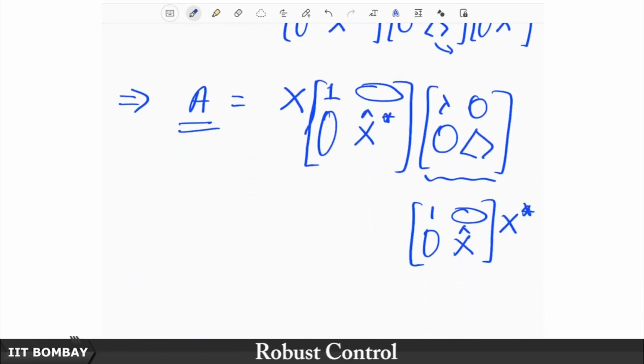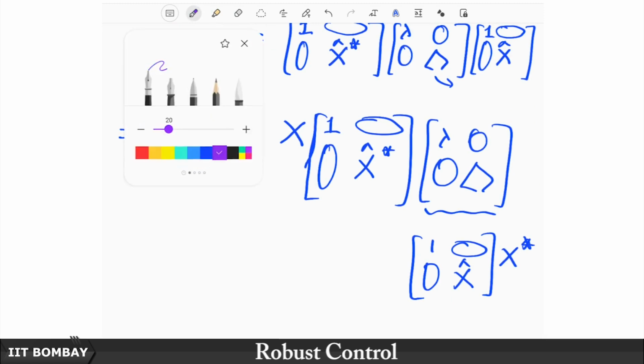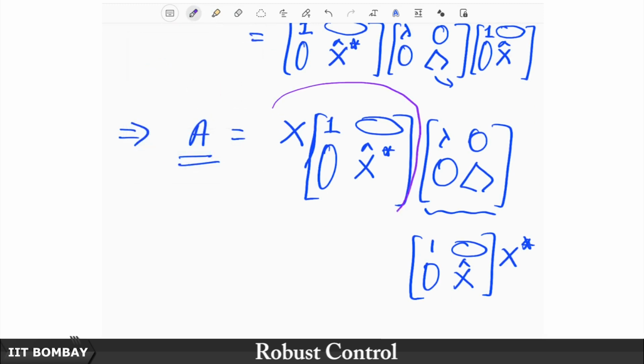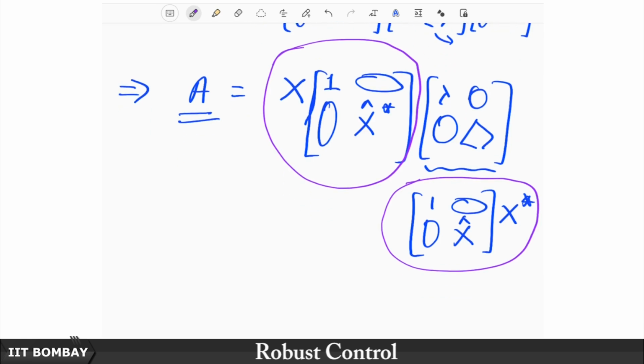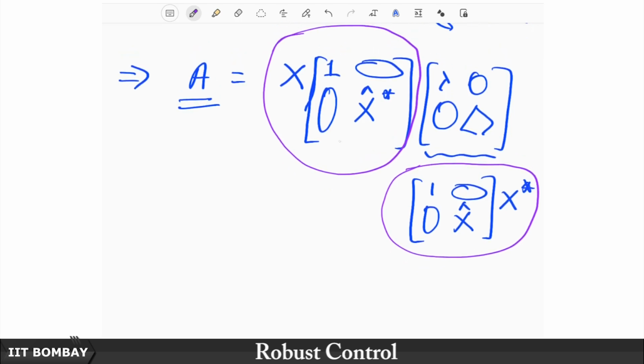The only thing that remains to be shown is that this matrix and this matrix are indeed unitary, that is, at least one of them is a unitary matrix. How do we prove that? Well, for starters you can immediately see that if you take the transpose conjugate of any one of those, it results in the other. That is easy to see.